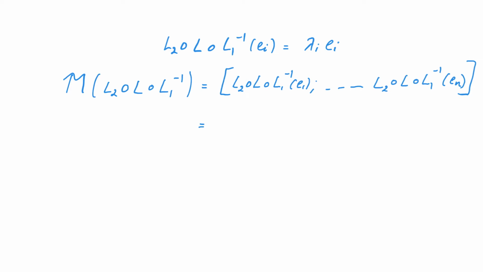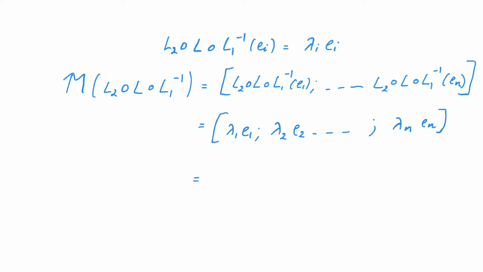But we know that L2 composed with L composed with L1 inverse of E1 is equal to lambda 1 E1. Similarly, the second column is lambda 2 E2, and so on up to the last column, which is lambda n En.